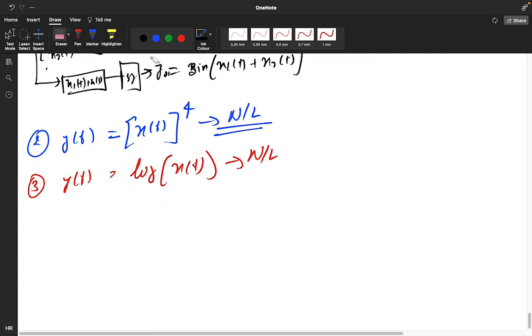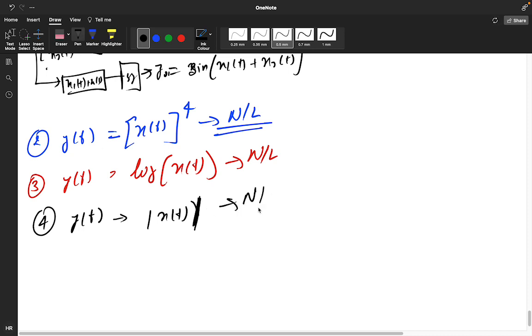If you have a function like y of t equals mod of x of t, it is non-linear. Fifth one, y of t using a signum function on x of t, non-linear.